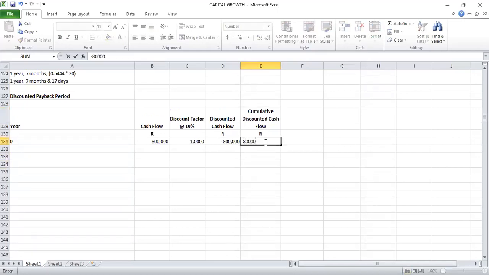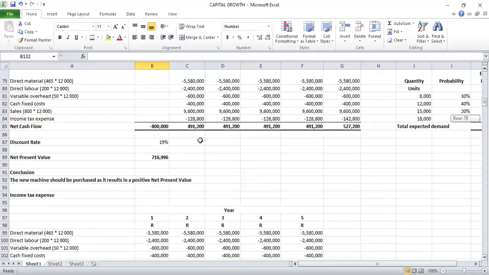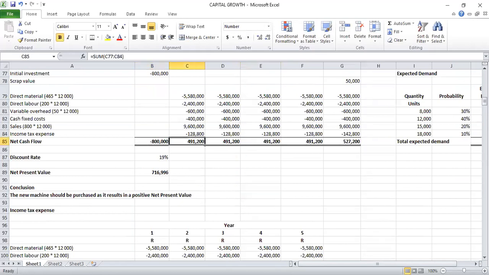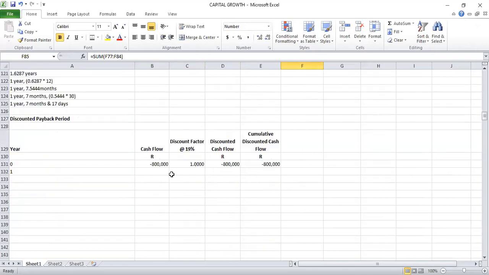The cumulative, we are just doing the same as on the other question. Year 1, our cash flow, we know that from year 1 up to year 4 is 491,200. Just like the payback period, you end when the cumulative cash flow becomes positive.